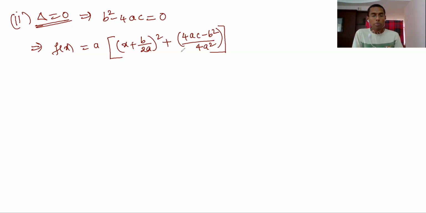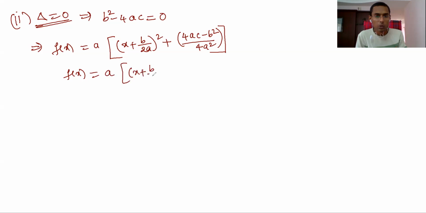Now here, this b square minus 4ac, or 4ac minus b square, is 0. That means f of x equal to a into x plus b by 2a whole square, plus 0. This is what I get. Now whether this is positive or negative, we don't know, because it depends on a.